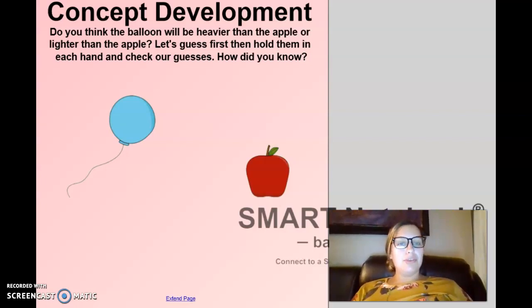Do you think the balloon will be heavier than the apple or lighter than the apple? Remember, balloons can float, and if something can float, is it light or heavy? Pretty light. And then apples, if you put them in water, they sink a little bit.